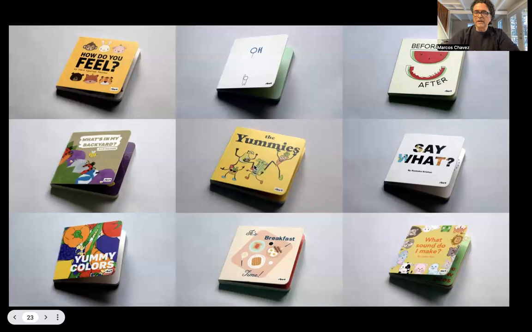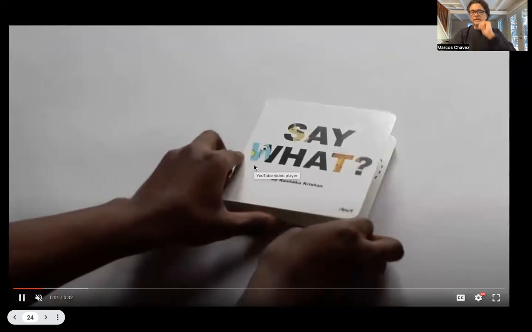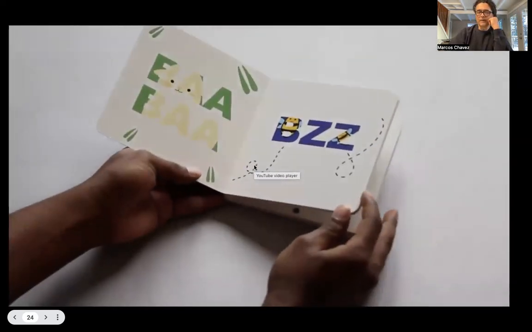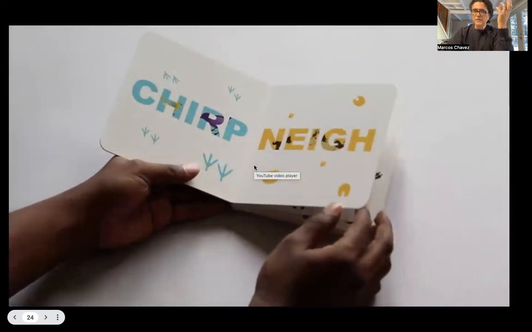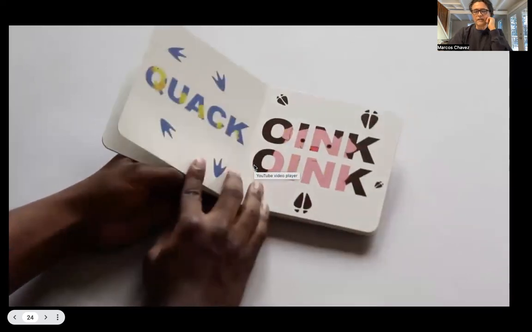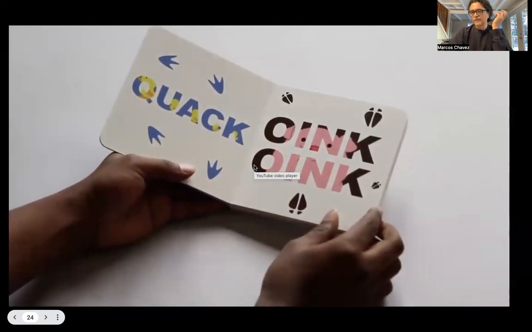So the books that we've been doing, we've been getting just a lot of successful ideas and a lot of great experiences through the past 3 classes. And some of these I shared and some of these I didn't, but this again, Say What, is just a great, simple but elegant book. It's kid-like, but it's also sophisticated enough that it would be interesting for an adult to have.